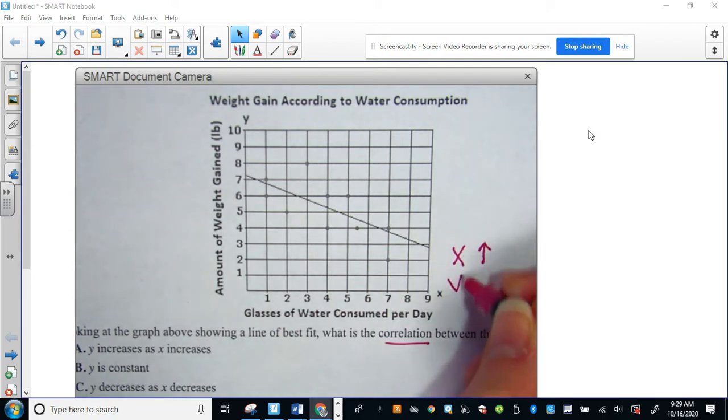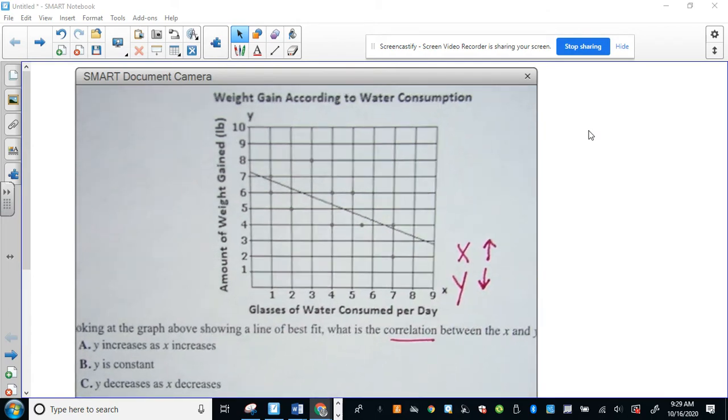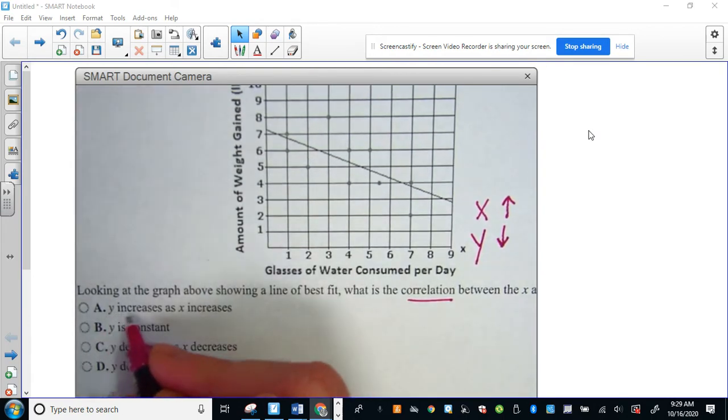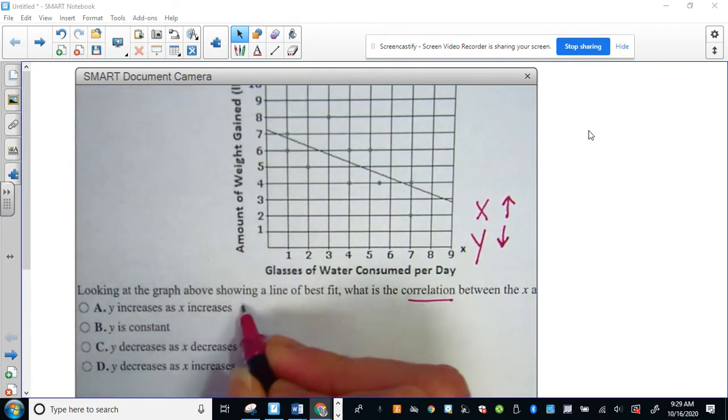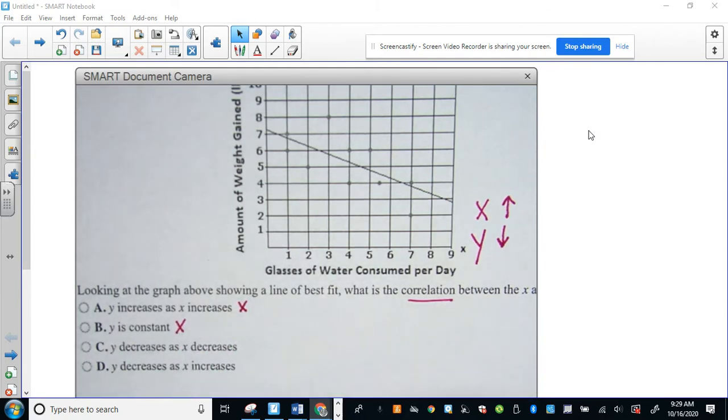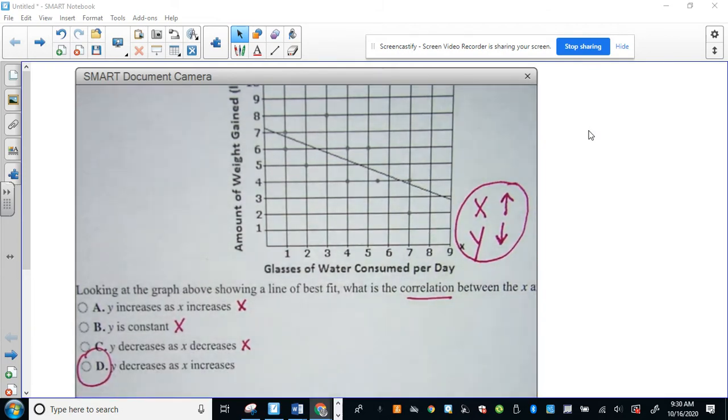As my x's increase, my y's are decreasing. So I'm going to look at my answer choices. This says as my y's increase, my x's increase. Well, no, that's both of them going up. Y is obviously not constant. This says they're both going down. Here, if the y's decrease, the x's increase. That's what we're talking about. So 6 is D.